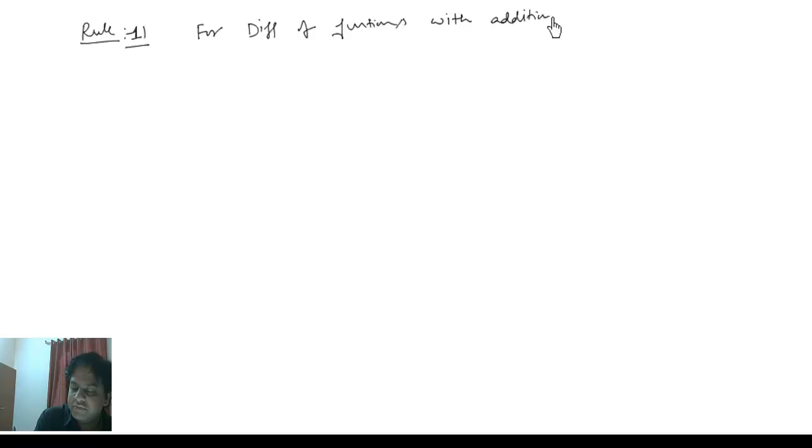Now we are going to talk about some rules of differentiation. Rule 1 is for differentiation of functions with addition.